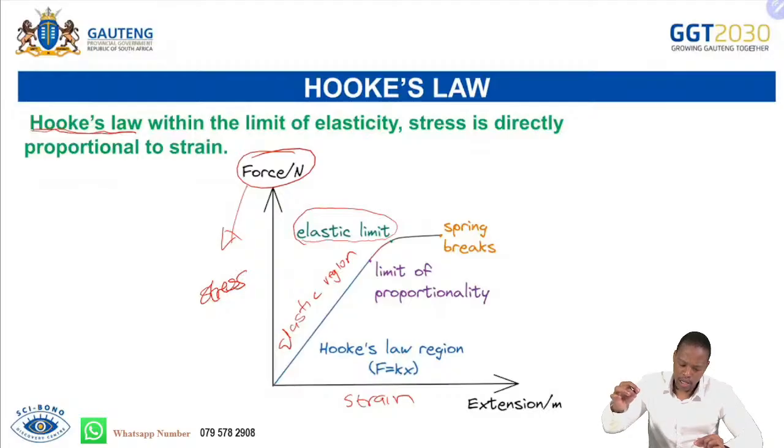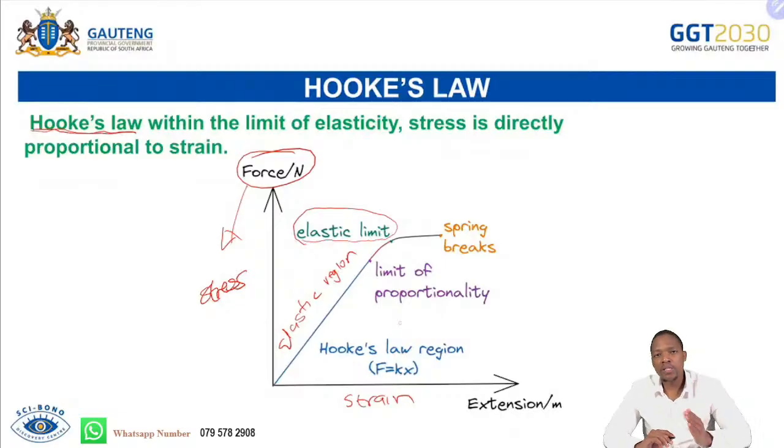As long as you are pulling it and it goes back, it means the spring is still within its elastic limit, or it's still within the limit of proportionality. It means the amount of stress that you put on the spring will determine the strain that the spring is going to experience. So they are still going at the same rate. That is what this is saying.